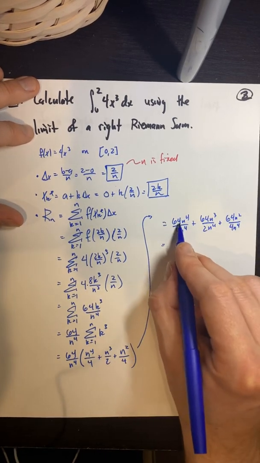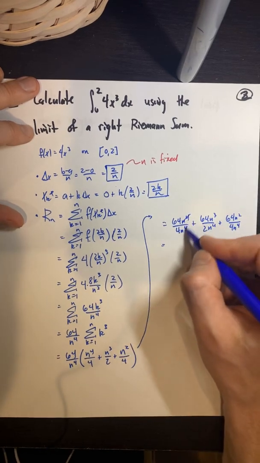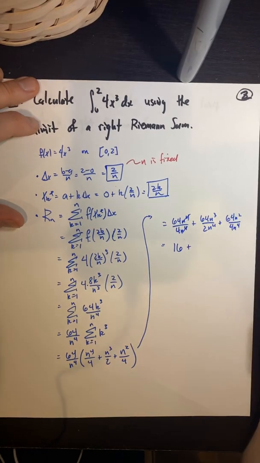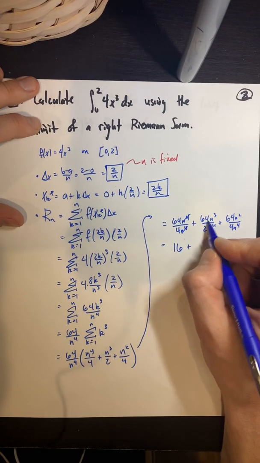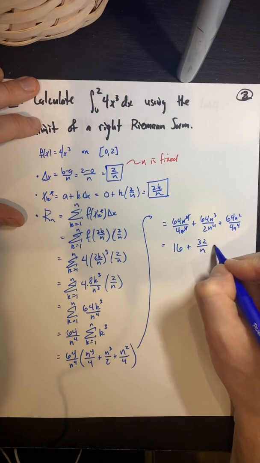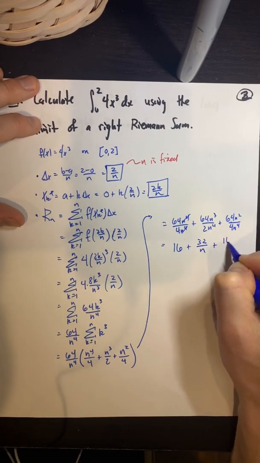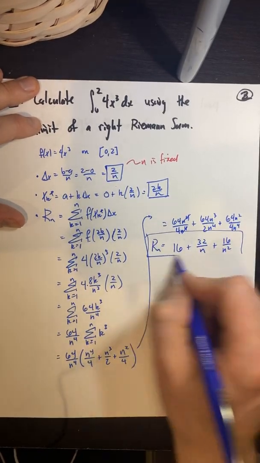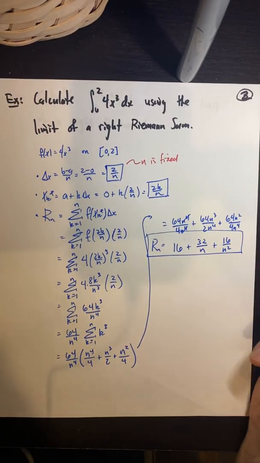This cancels the 64 and the 4 and the n to the 4ths, so we get 16, plus, with 64 and 2 canceling, 32 over n, plus 16 over n squared. So this is my form for the Riemann sum with n subintervals.